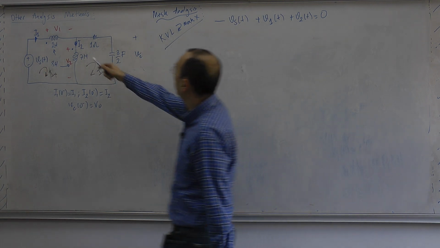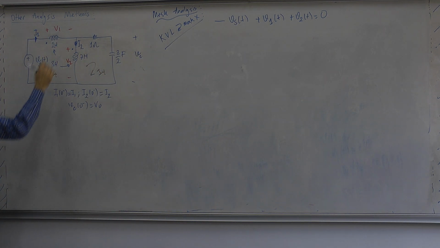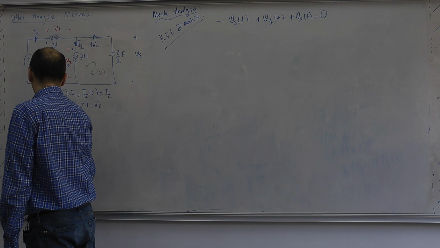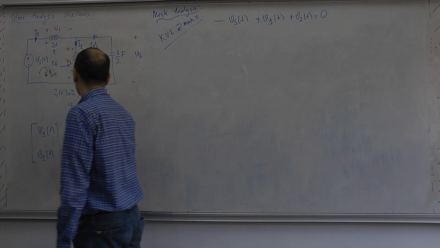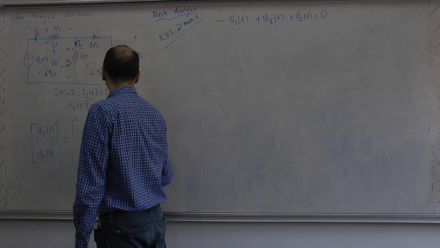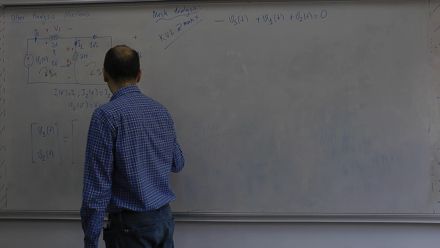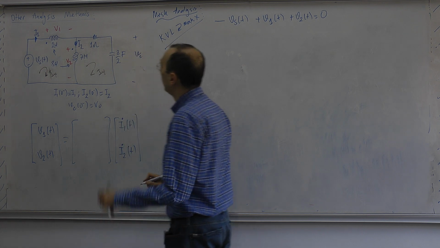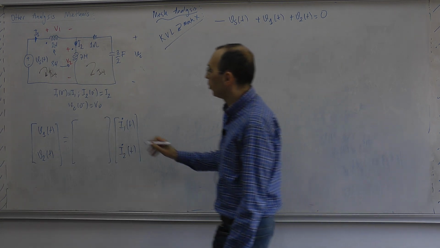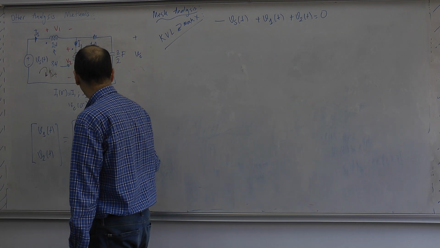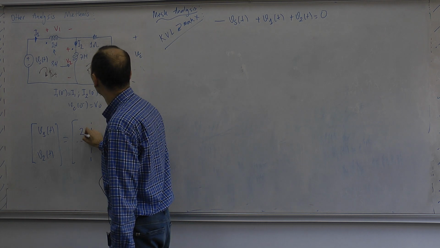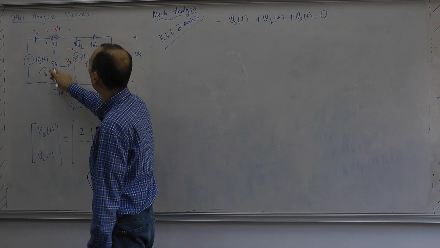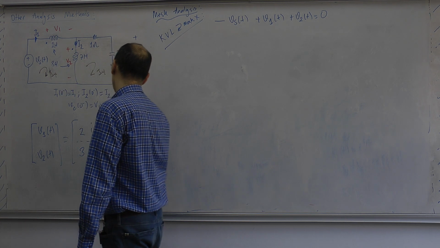With this assignment of polarities and currents, this mutual inductor will be represented with these equations. Again, this is what we call the passive sign convention for the mutual inductor. The first one is 2 Henry, 7 Henry, mutual inductance is 3 Henrys, and so on.